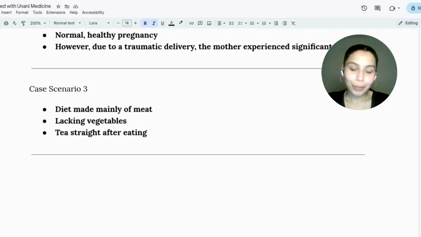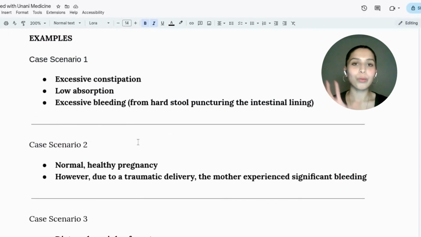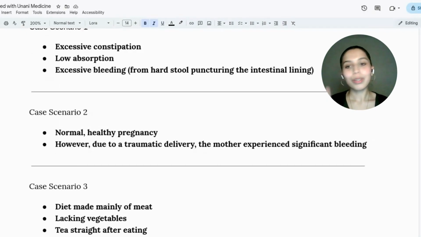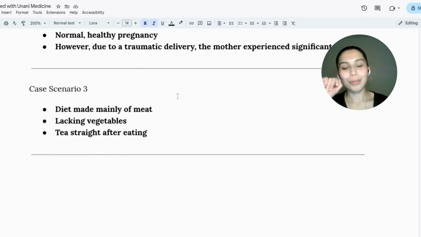And to top it off, they have tea or coffee straight after eating, which decreases the absorbability of iron. So here it's an issue with production, there is no issue with leakage. So these three scenarios help to put everything that we've discussed so far into real life examples, because I'm sure there are people that can say, oh yeah, that is definitely me, and that's where my anemia came from.